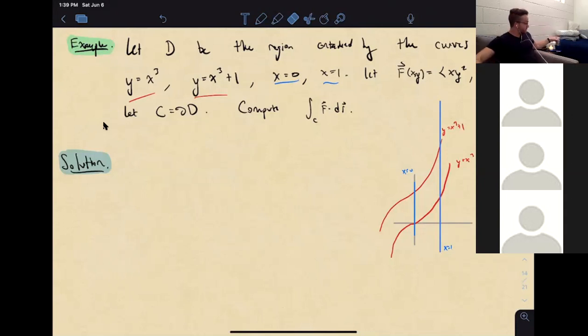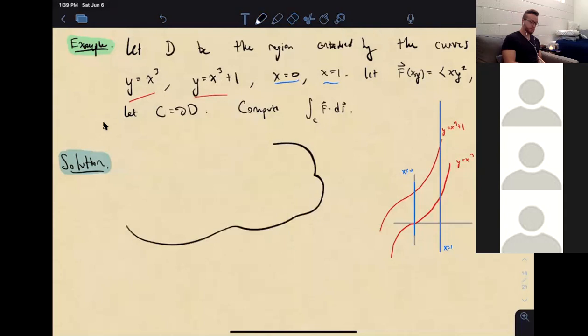Okay, I like the Green's theorem suggestion for a couple reasons. As always, it seems like Green's theorem is the people's choice. I agree. Let me just write some things down. So, you know, you could think about doing it directly, as always. But this doesn't sound very fun for a couple reasons.